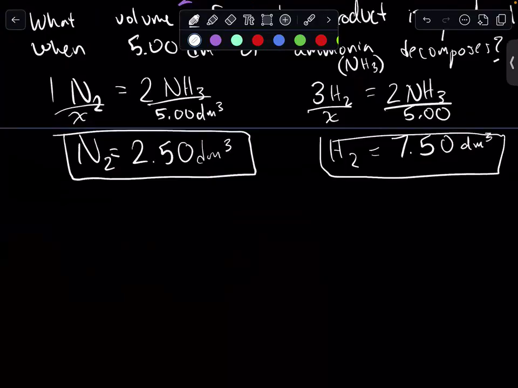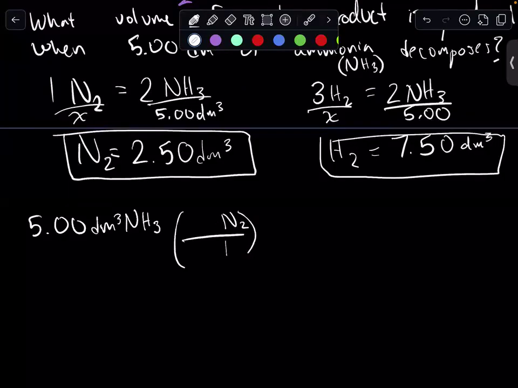Now, for those sticking around, the other way I like to do it is you start with your base, your given. So this is 5.00 decimeters cubed of NH3. And we use our ratios with the big parentheses. I want to find nitrogen, and I want to get rid of NH3.